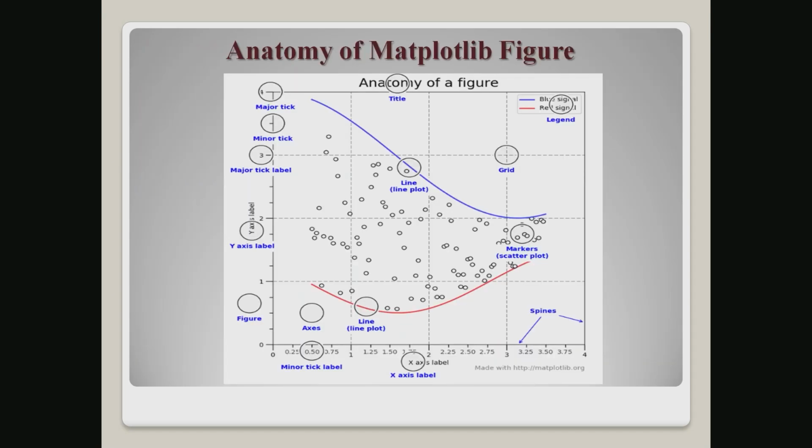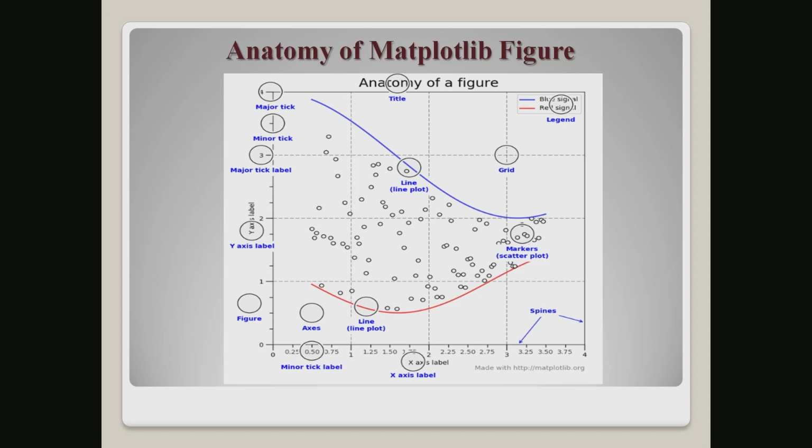The next thing we are going to see is the anatomy of a matplotlib figure. In school days you learned about graphs, no? In the graph you give an x-axis, y-axis, and you give titles, markers, legends and all. The same graph is created by using the matplotlib library also.